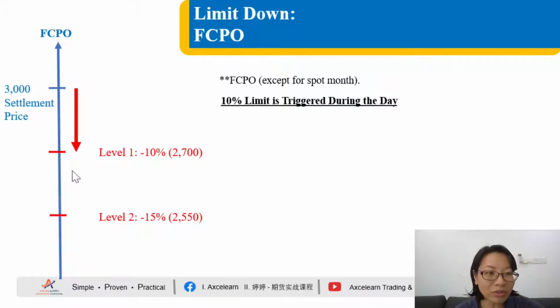Another thing that you need to take note of is that for FCPO, we refer to settlement price rather than closing price. Do you see that? Just now FBM KLCI was referring to your closing price, but for FCPO we have settlement price.